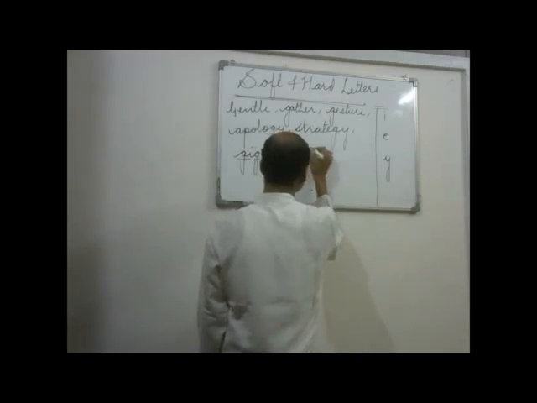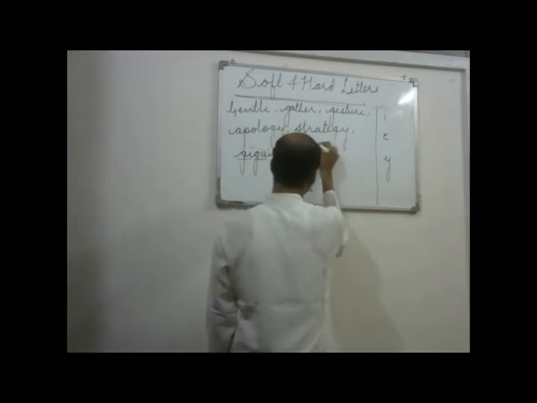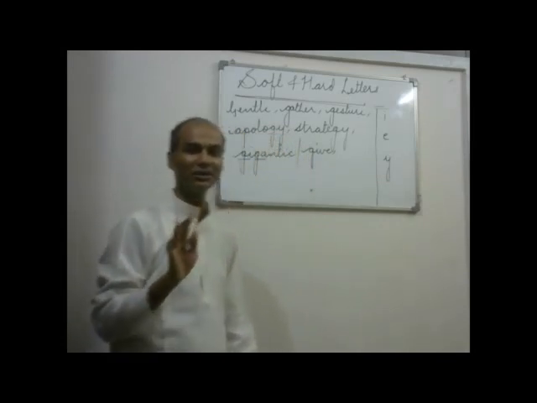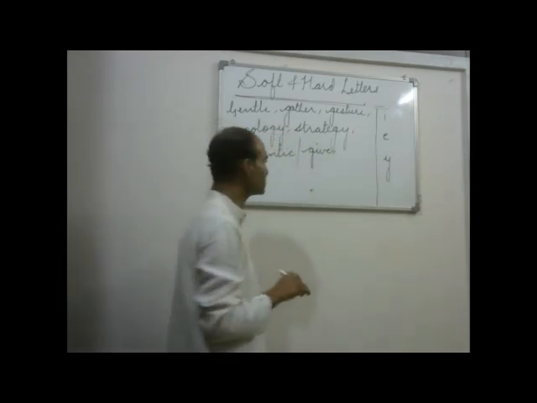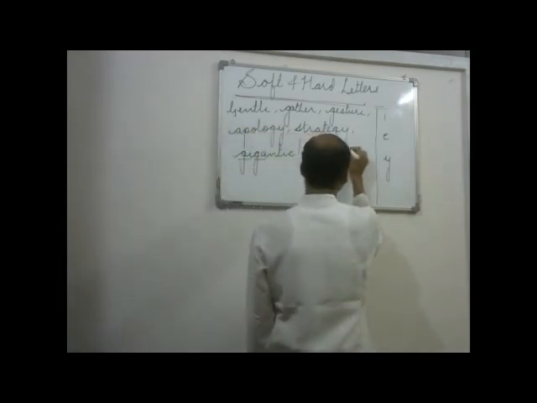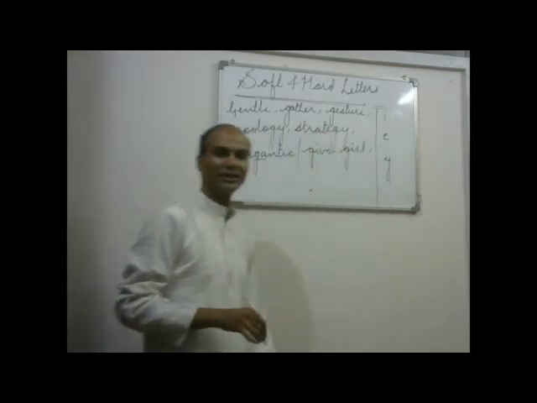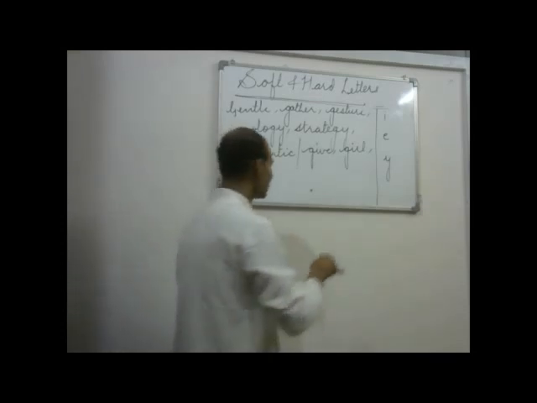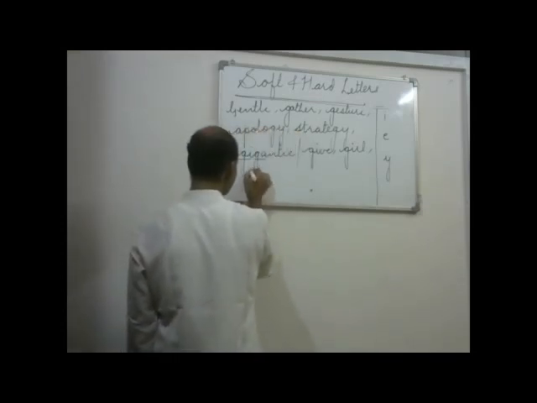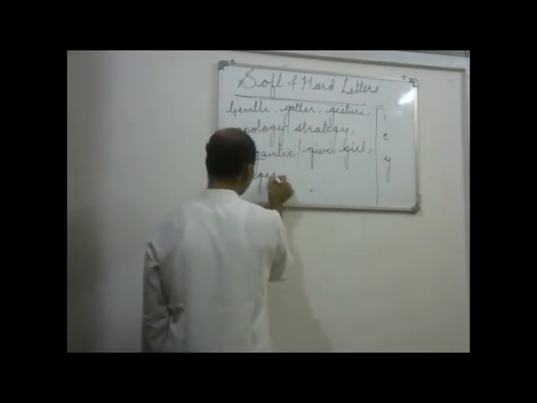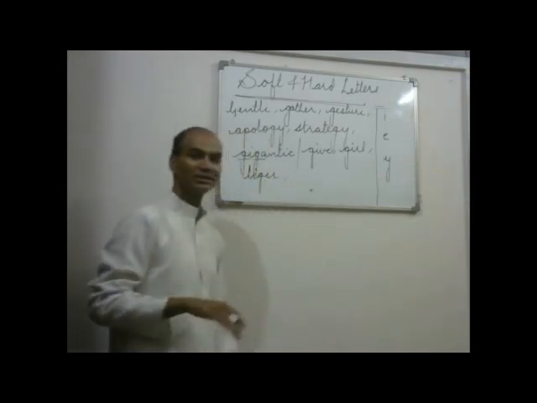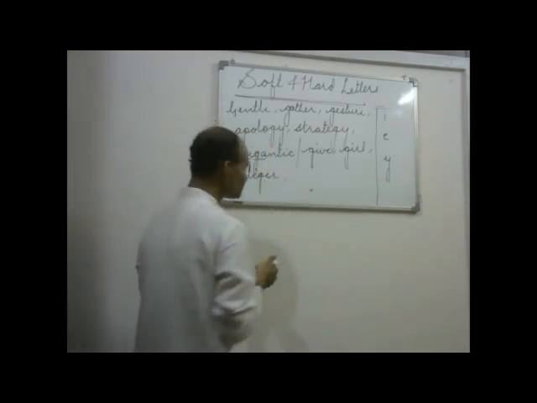See this, G-I-V-E. This is give and not jive. So of course it is an exception to this rule. Similarly, this G-I-R-L is girl. Same way, see this, tiger, with a hard G, right?